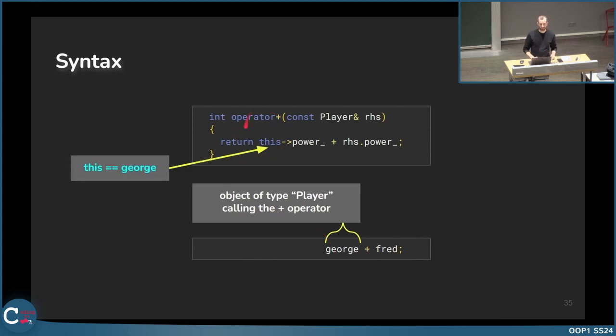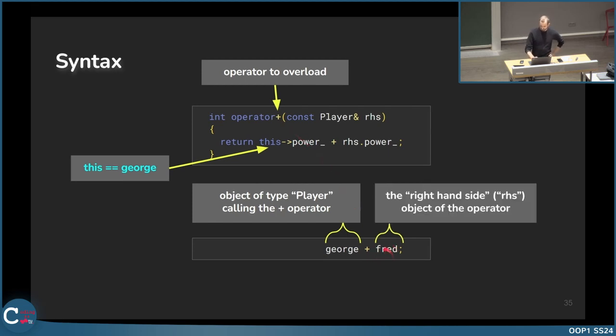This operator here is inside the player class, and we can write this power, and we refer to the keyword this, and we know that this is always George, because George is on the left side. This is the operator we want to overload. In this case, it's the plus symbol. The right side of the operator is then always the argument here. So in this case, the argument here is Fred.